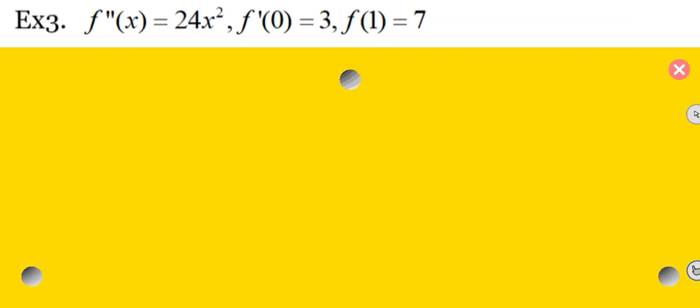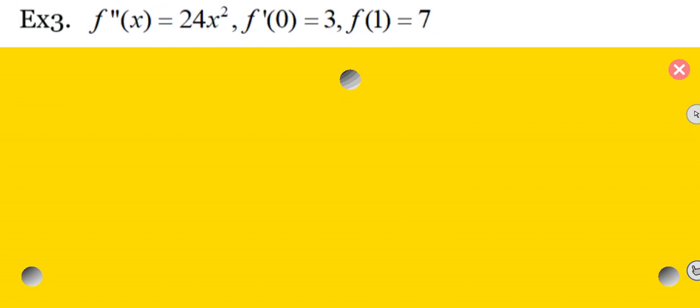All right, so here we go. Note that they're giving us the second derivative. So what do you think we're going to have to do? If they're giving us a second derivative, we're going to have to integrate to get back to the first derivative. And we'd have to stop there because it'd be a plus c. We can't move backwards from the first derivative to the position function if we have a c, right? You can't integrate an integrand that has a c in it.